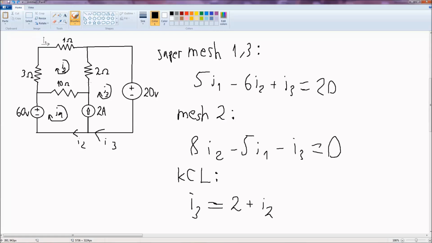But for example, if you were asked to find the current through here, because of Kirchhoff's current law you have I2 entering and I3 leaving, so you would put down I2 minus I3 and you would find the current here. Or you could do the same for here, so basically if you would want any current from here you would put the Kirchhoff's current law.